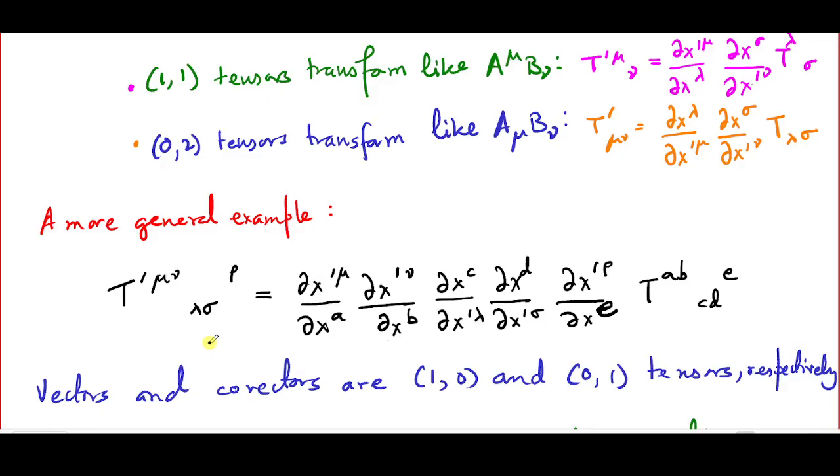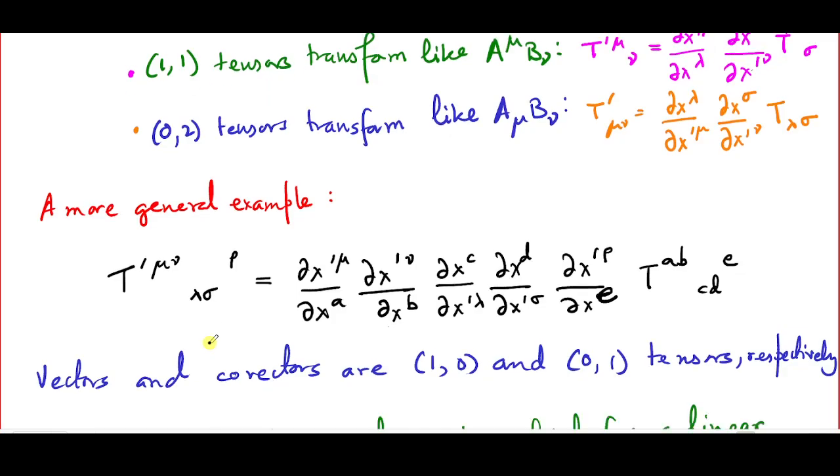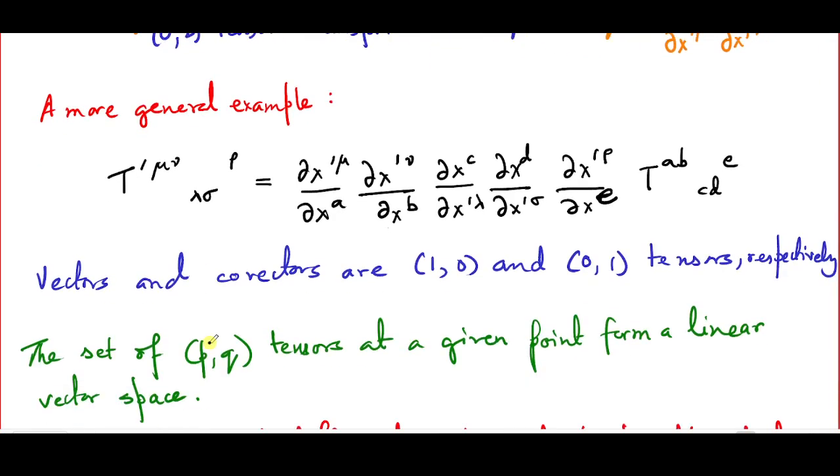What is perhaps a bit more non-trivial to say is that tensors are also vectors, in the sense that if you take the set of (p,q) tensors at a particular point and linearly combine them together, you do get another (p,q) tensor. The set of all (p,q) tensors at a given point form a linear vector space.